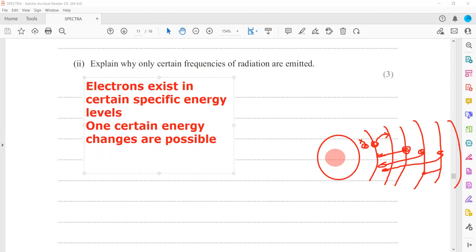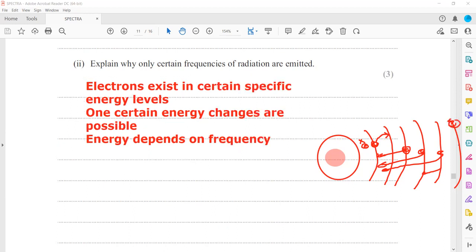And the energy of the photon depends on the frequency or the gap between the levels. For example, if an electron jumps from the last shell to the first shell, there's a greater gap, so more energy is released as compared to an electron jumping from the third shell to the first shell.